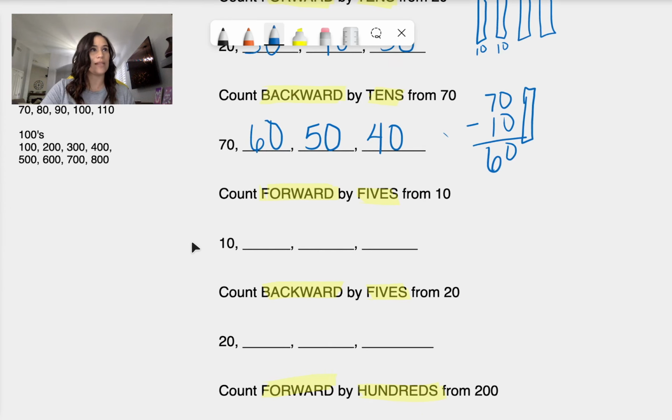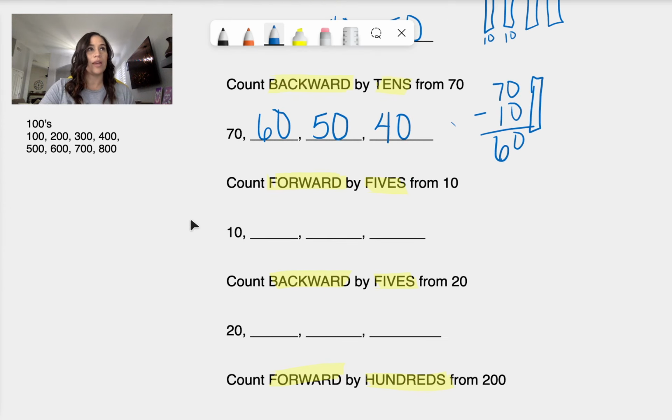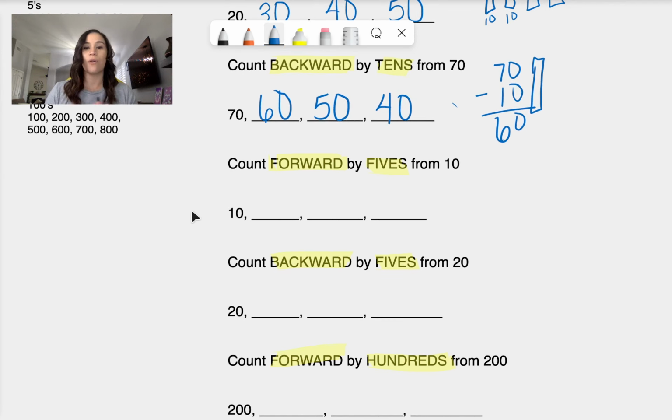I'm going to bring all of this up. So we want to count forward. So we're going to count up by 5's from 10. So we have 10. We want to count up 5 more. So 10, 11, 12, 13, 14, 15 gives us 5 more.